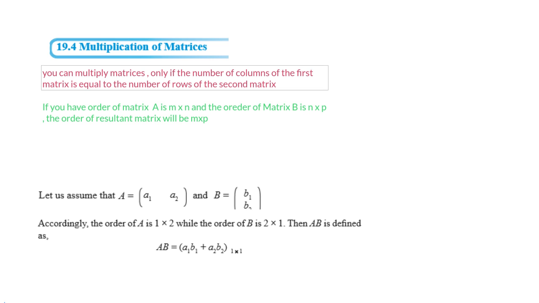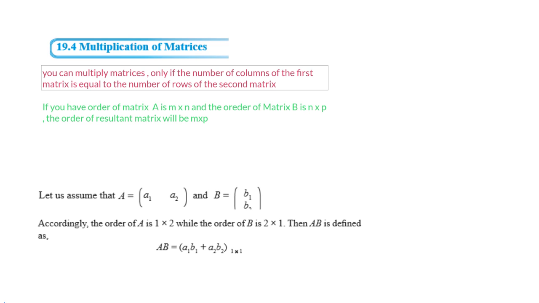19.4 Multiplication of matrices. You can multiply matrices only if the number of columns of the first matrix is equal to the number of rows of the second matrix. Have a look. If the order of matrix A is m by n and the order of matrix B is n by p, the order of the resultant matrix will be m by p.